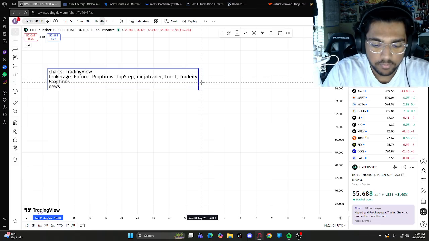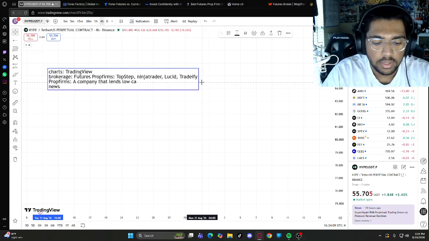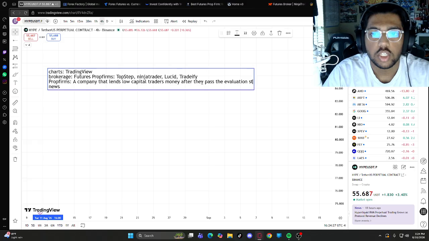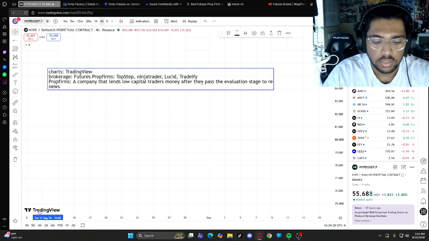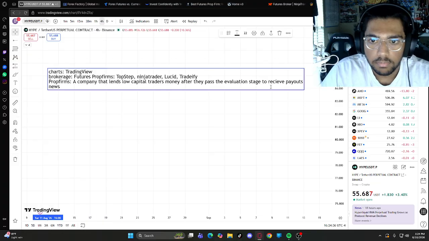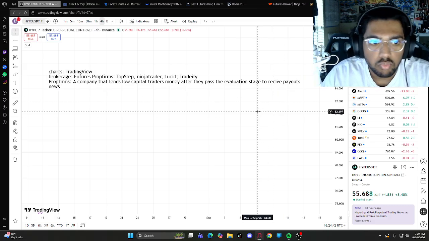Prop firms: it is a company that lends low capital traders money after they pass the evaluation stage to receive payouts. That's what a prop firm is.